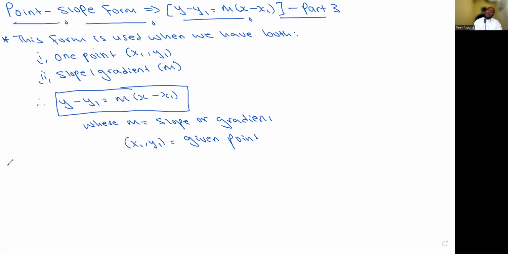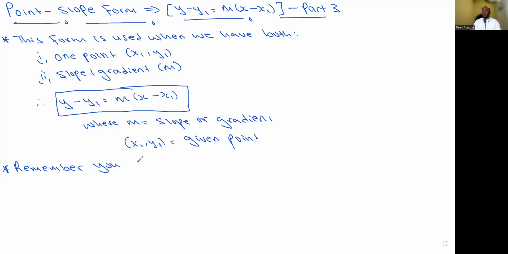But one of the things you have to remember is that when you're done, you have to simplify and rewrite it back into the slope-intercept form, that is y is equal to mx plus c. That was the reason why I had to start with y equals mx plus c, because that will be the bedrock of most of the forms of the equation of a line. So I'm going to write it here so that you can also take note of it.